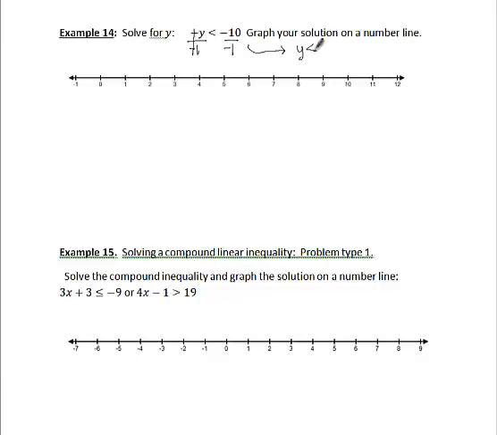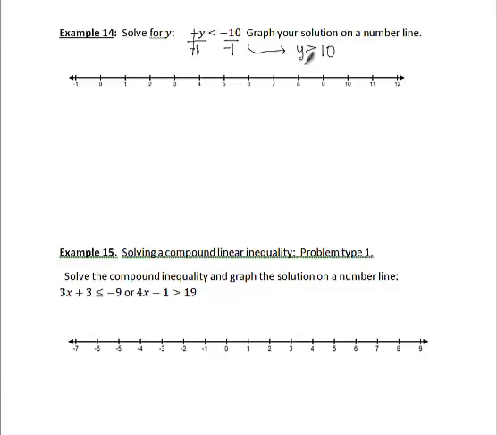But it's less than, or better yet, greater than. Okay, y is greater than, because we did divide by a negative number, we flipped the inequality. And so negative 10 divided by negative 1 on the right would give us a positive 10.